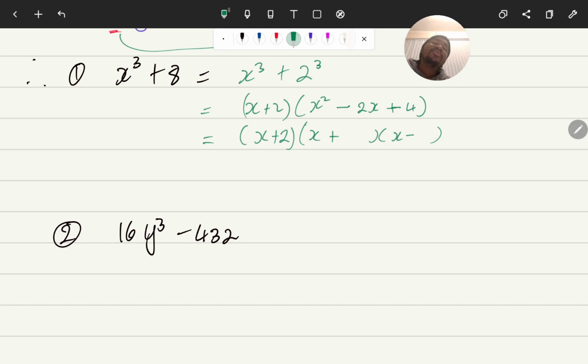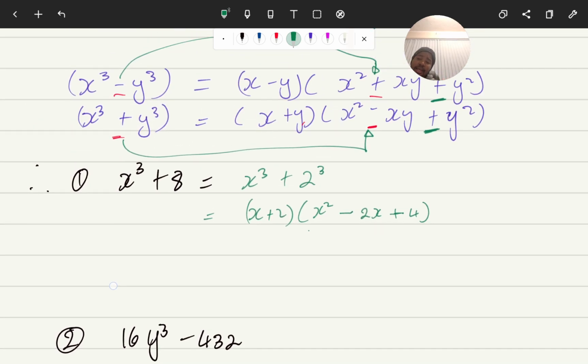Are there any two numbers that when I multiply them I get 4, and when I add or subtract I get 2? You look: 4, 1, 2, 2. There's no number that gives me 2 when I add or subtract in these pairs. That means the factorization ends here. Is that clear?